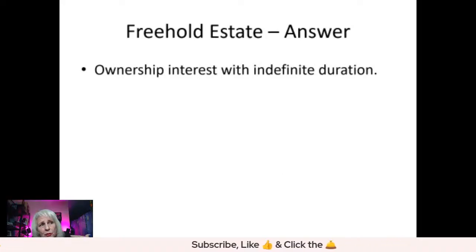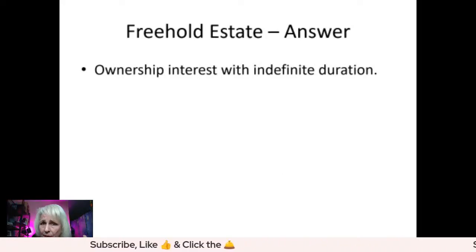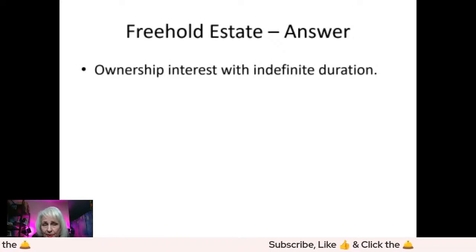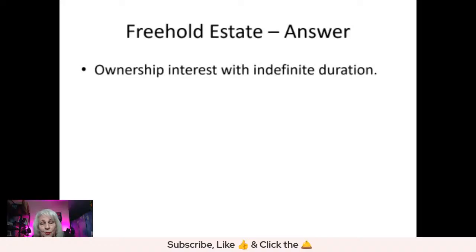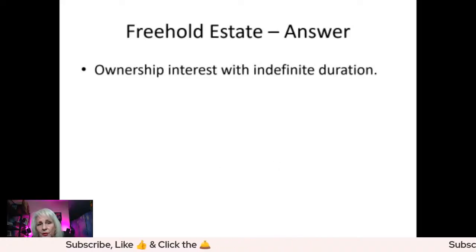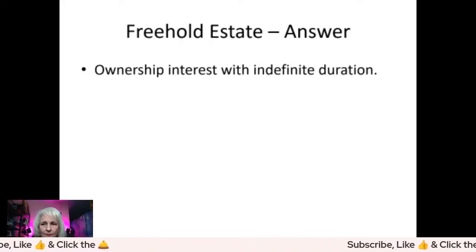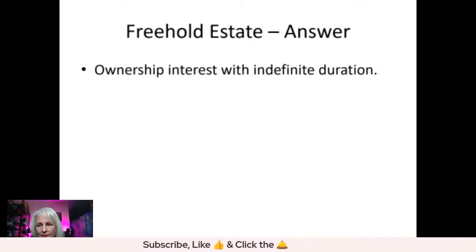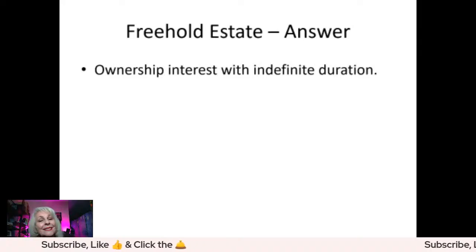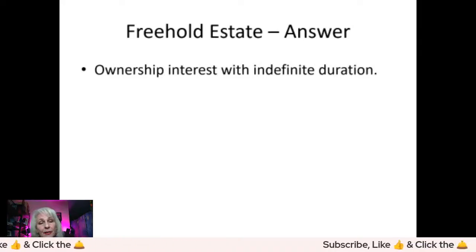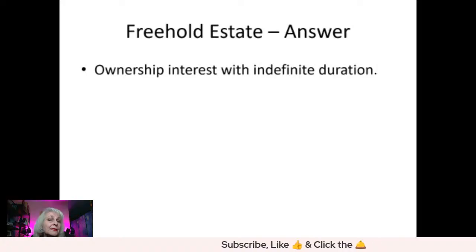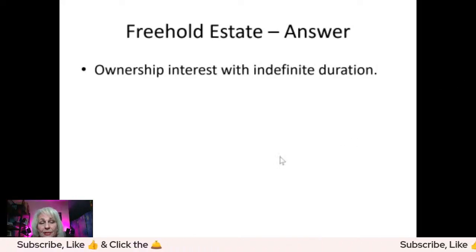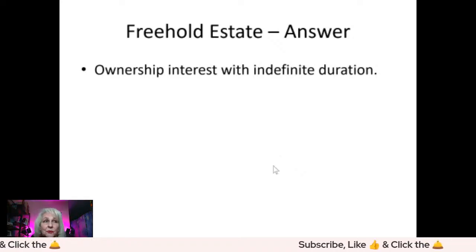If the owners allow someone else to live on the property, let's say a husband and wife, but the property belongs to the husband or to the wife, and they put in their will or their estate or their trust that the remaining spouse will continue to utilize the property until they pass away, then no one can kick them out of that property. That's ownership interest with indefinite duration.